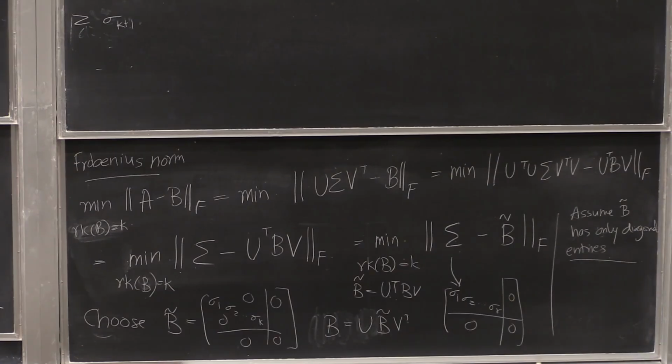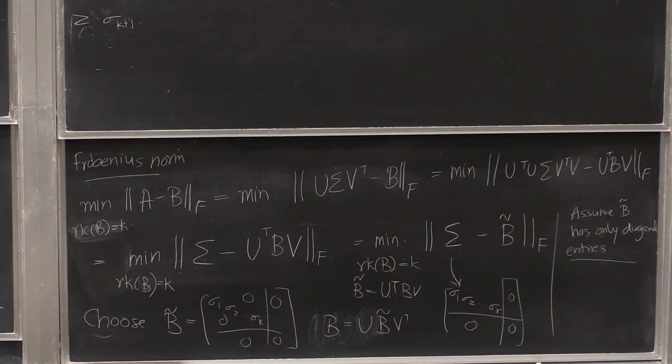I kind of said that, and I kind of gave some hand-waving argument for why this is true, right? But why am I allowed to say assume that b twiddle has only diagonal entries?